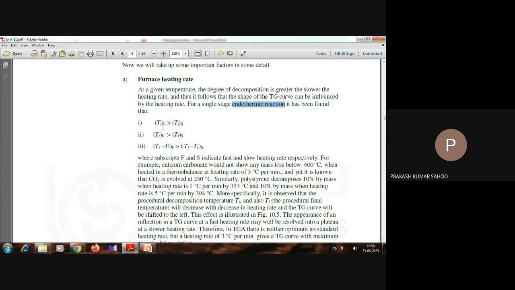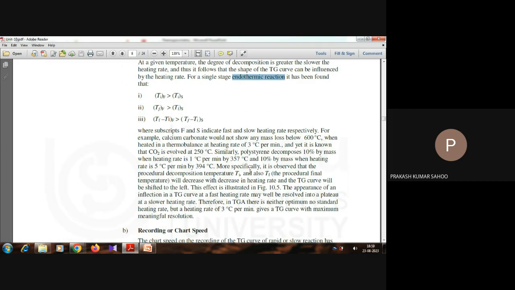So the final is greater than the initial, right? TiF is greater than TiS. That means the initial temperature for the faster rate is greater than for the slower rate, so F is greater than S, and it is the final temperature. This is the faster rate and slower rate, and the differential. Then we have three equations here.